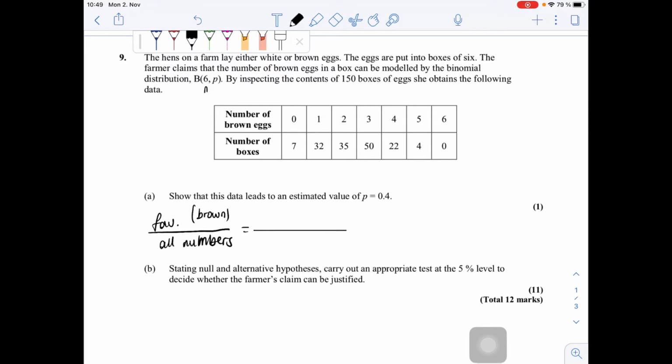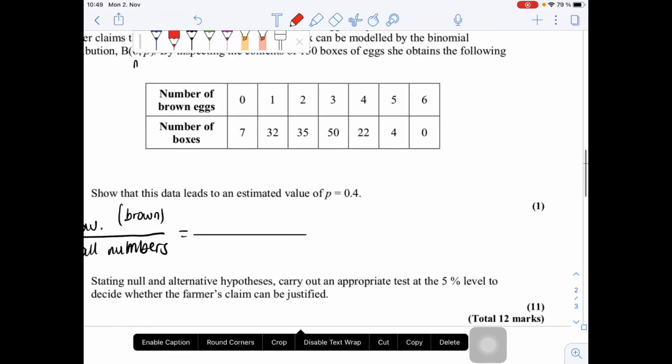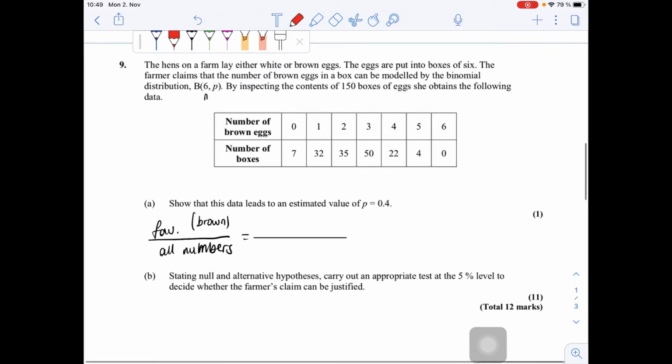Okay, let's write it down, the favorable one. So here, 0 times 7 is 0. I'm not going to write it down here, I will write it down here. So 0. 1 egg is 32 boxes, 1 times 32 is 32, and then 35 times 2 is 70.